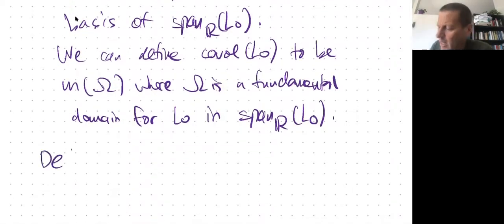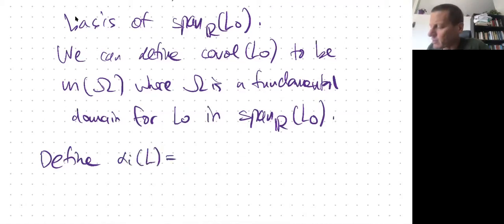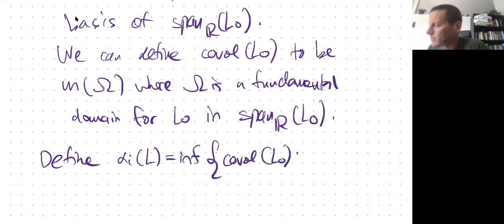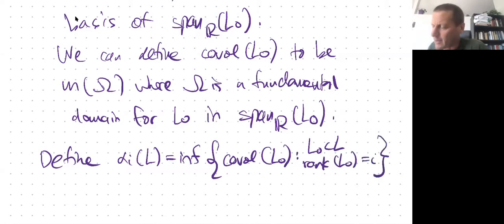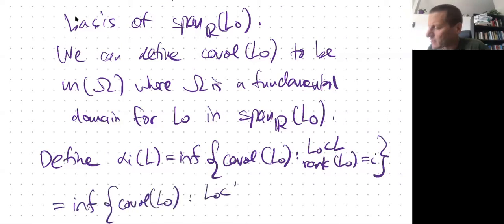Define alpha_i(L) to be the infimum of the co-volume of L0, where L0 is contained in L, the rank of L0 equals i, and L0 is primitive.